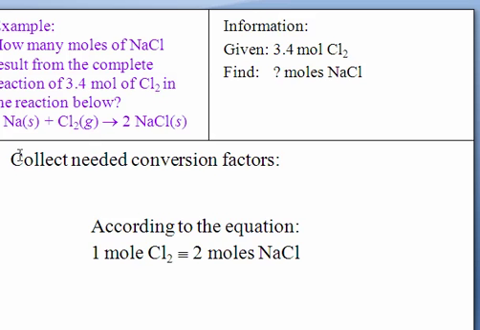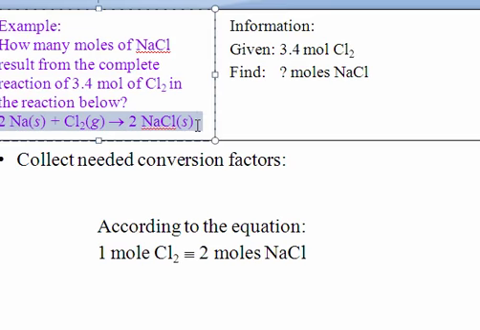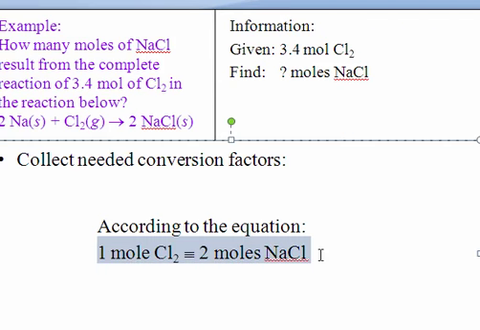So the first thing we want to do, we want to keep our balanced equation nearby, and then we want to write down what we're given and what we want. We're given moles of chlorine, we want moles of sodium chloride. And again, anytime we're given information about one chemical and we want information about a different chemical, we need a balanced equation. Then we need our conversion factor, and according to our balanced equation, 1 mole of chlorine is equivalent to 2 moles of sodium chloride.